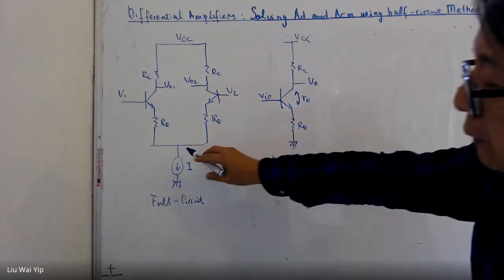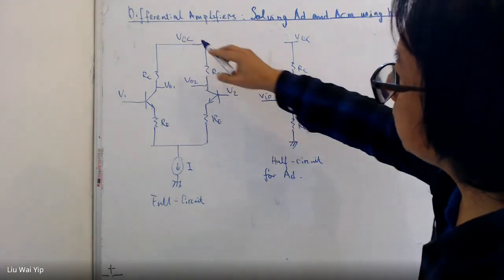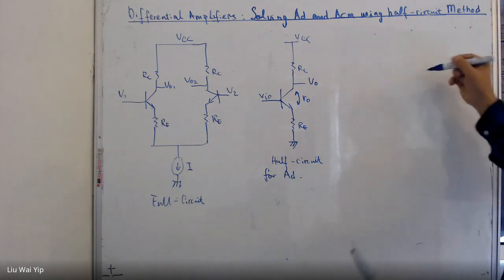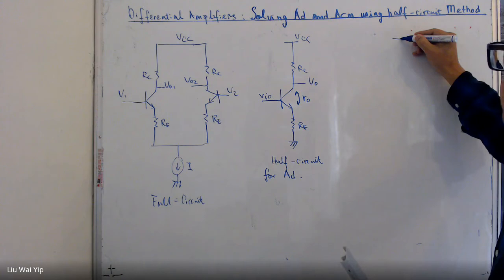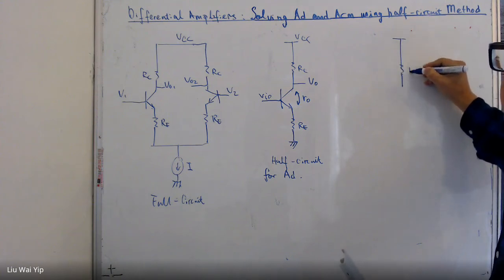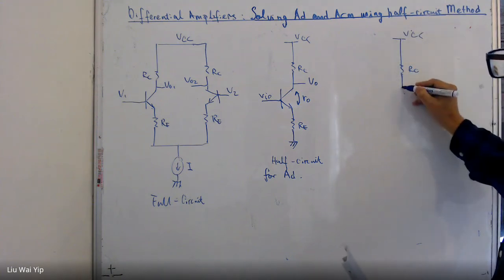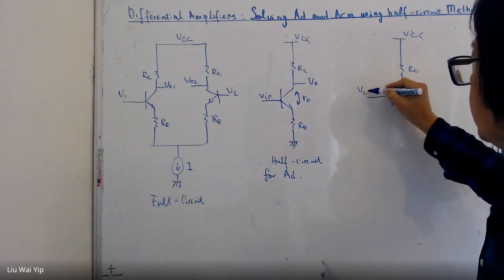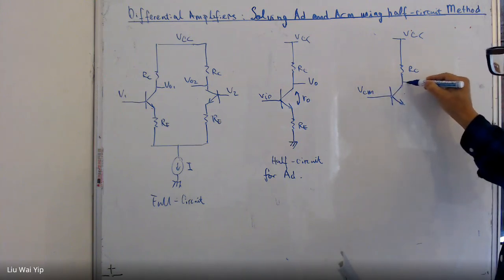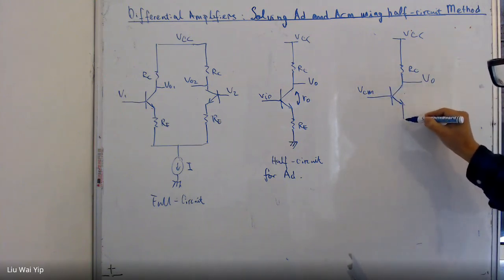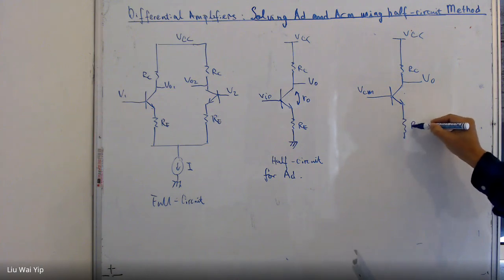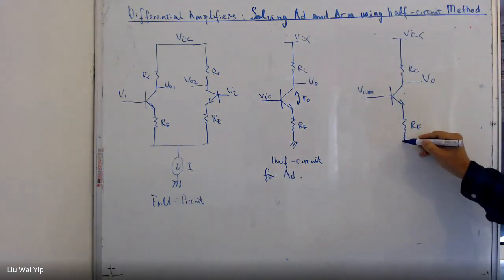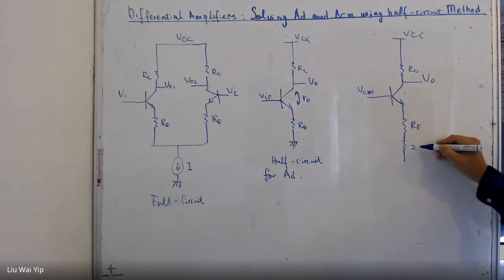If we want to find the common mode gain, we can just simply use the half circuit technique. This one will be VCM, and this one will become Vo. And the tail will manifest as 2 R0.